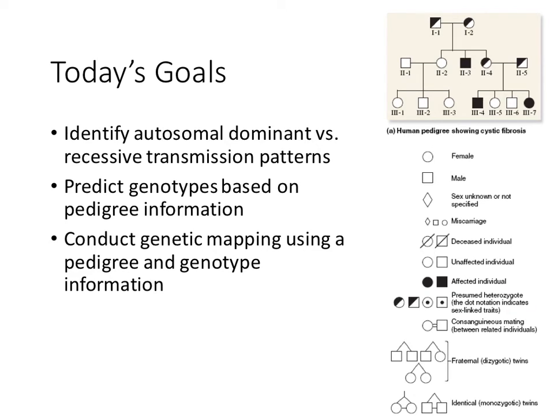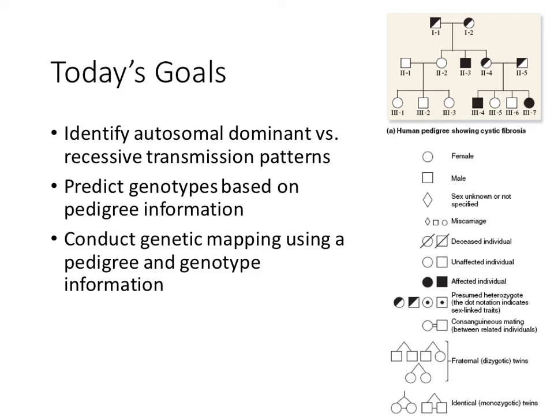What's added this semester for a core upper division class for you guys is predicting genotypes based on the transmission pattern of phenotypes. So this gets a little bit more in depth. And then actually conducting genetic mapping, what we just reviewed, using a pedigree and genotype information. So that'll integrate what we've talked about last class and earlier in this class with pedigree analysis.